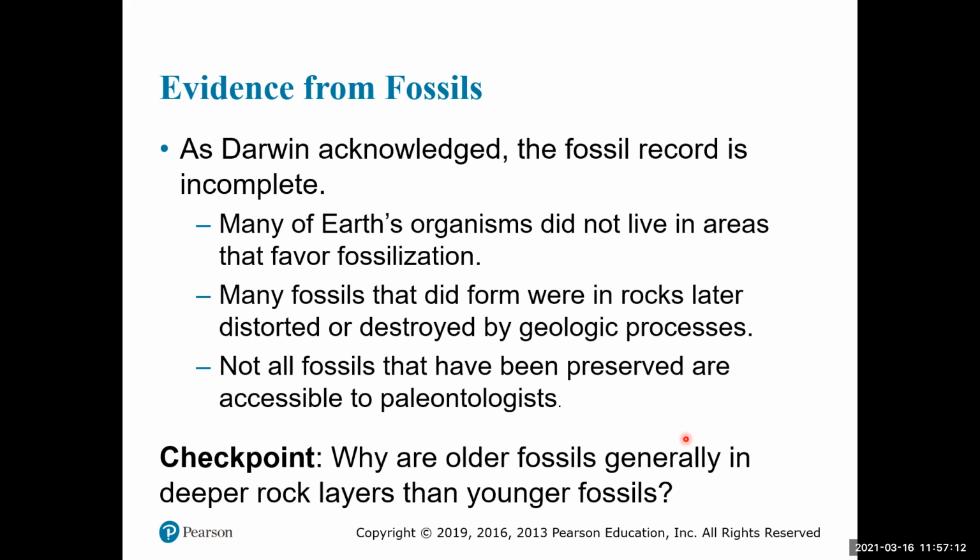And also, if a fossil does form, it has to remain intact until we can find it. And a lot of the times fossils can be destroyed or disordered by geological processes. So for example, subduction, where you have a plate subducting underneath another continental plate.